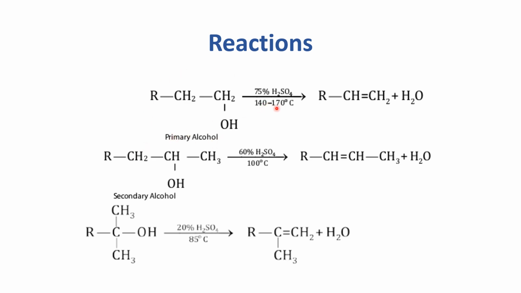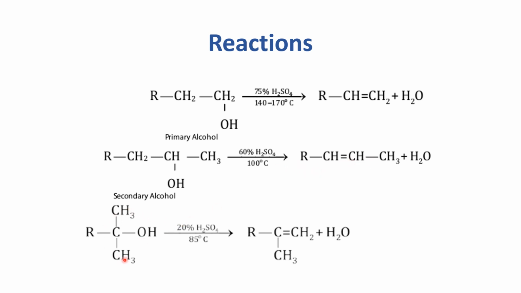Primary alcohol के लिए catalyst is 75% H2SO4 at 140 to 170 degrees Celsius temperature, it will yield alkene. अगर हमारे पास secondary alcohol है, then we need 60% H2SO4 at 100 degrees Celsius temperature and it will yield again an alkene.